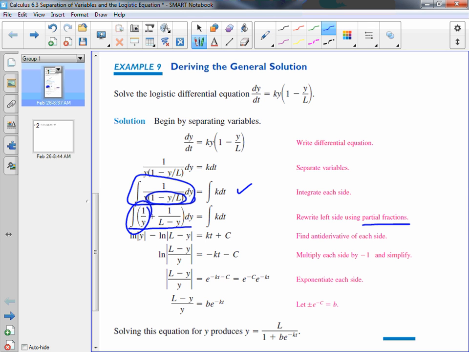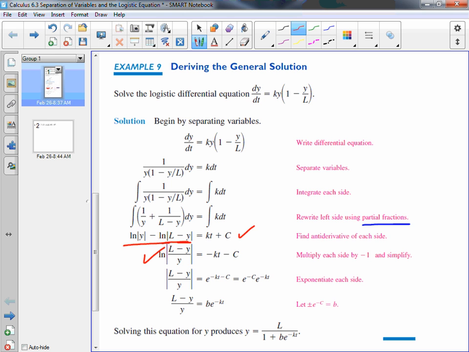We can do that, natural log. We can do that if we let u = L - y, and then du would equal -dy, and so -du = dy, so we get a negative there. Integrated the other side and got a plus C. Use your logarithm properties over here to make that the logarithm of one expression.